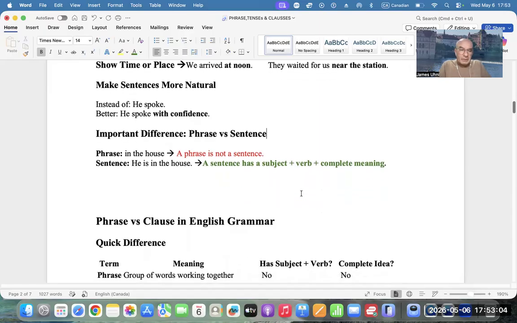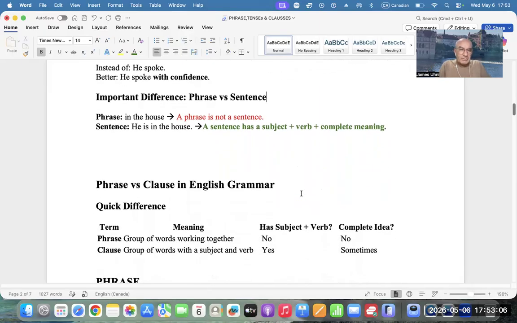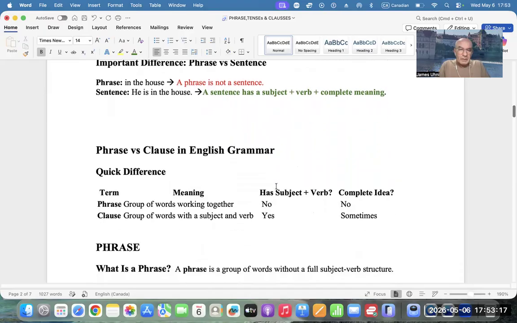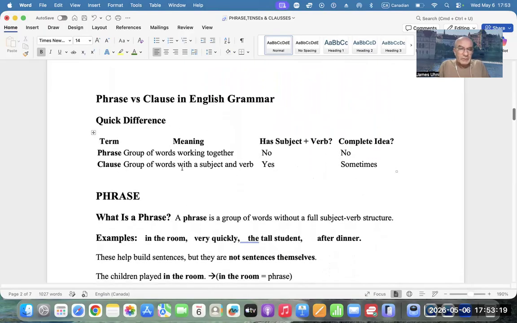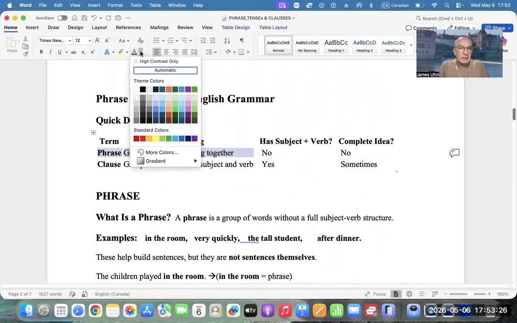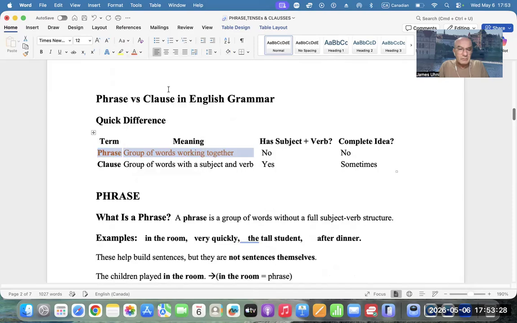Now I have over here a quick reference about phrase and clause in English grammar. You don't know yet what is clause, but over here I will describe it very simply. Phrase is a group of words working together. Okay, that's fine. Let's get orange. Clause is a group of words with subject and verb.